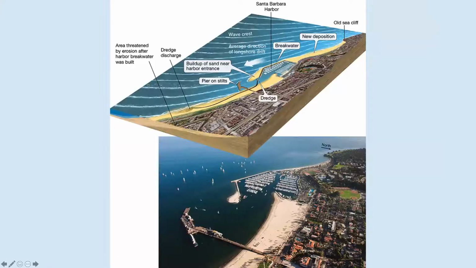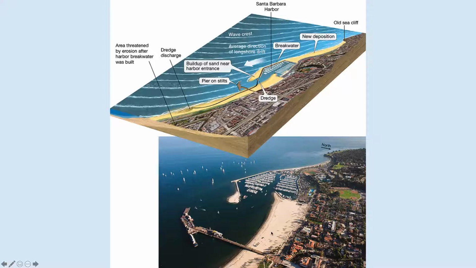The diagram and the aerial photograph show the Santa Barbara Harbor and the breakwater that was constructed. After the construction of the harbor, the beach extended around the breakwater. The harbor was in danger of being closed off by the accumulating sand.